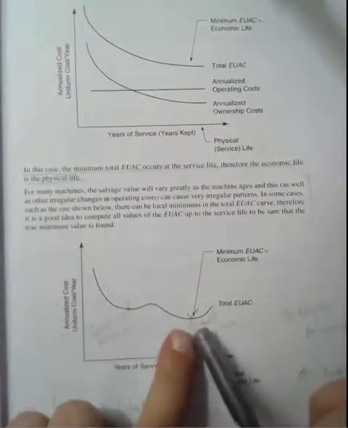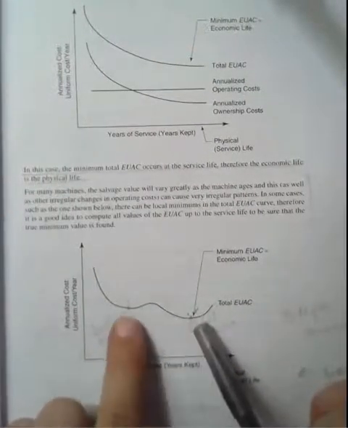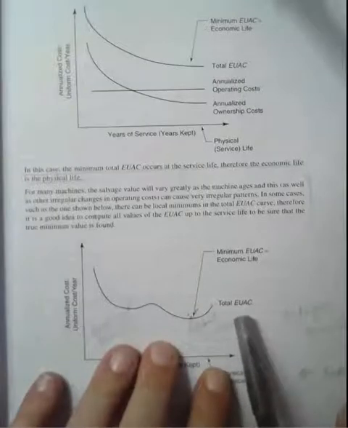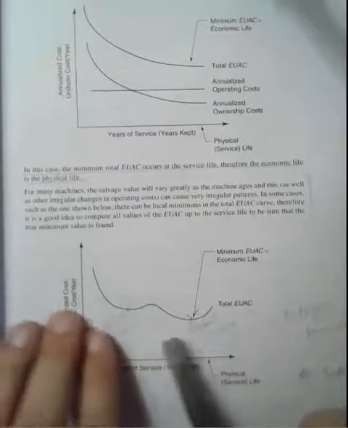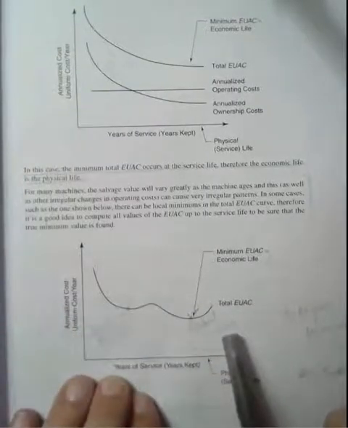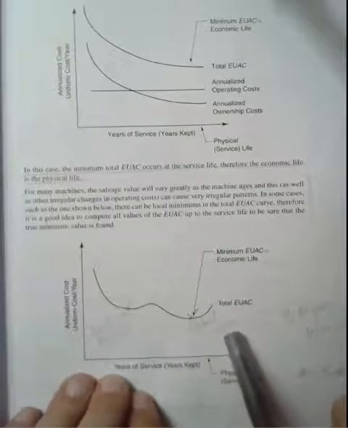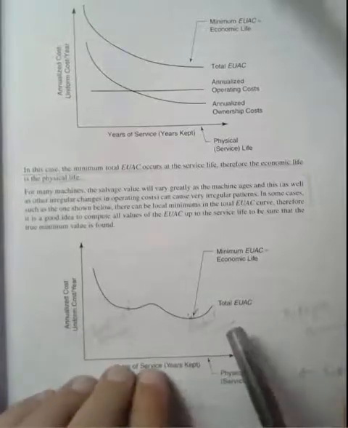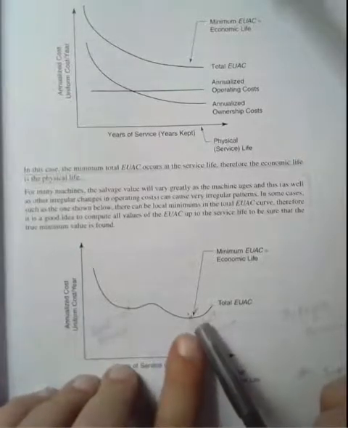We want the global minimum, not a local minimum. So that's why we need to compute the EUAC, the equivalent uniform annual cost, for all the years that we could potentially keep the machine. That is, for all the expected life of the machine, and find the global minimum.